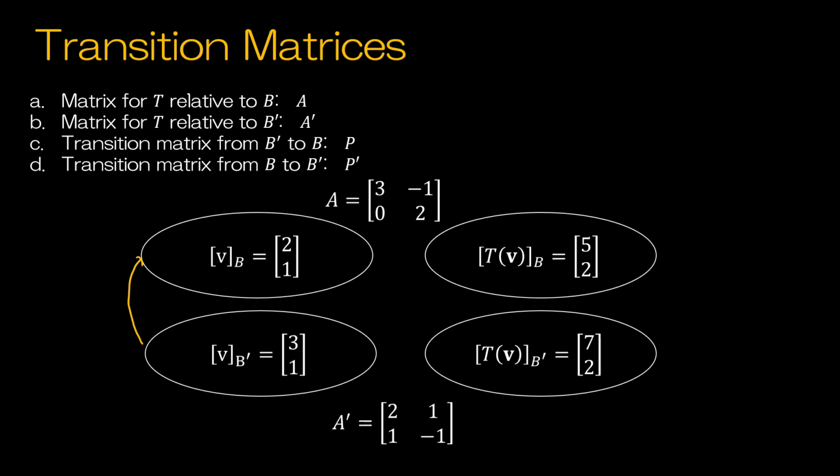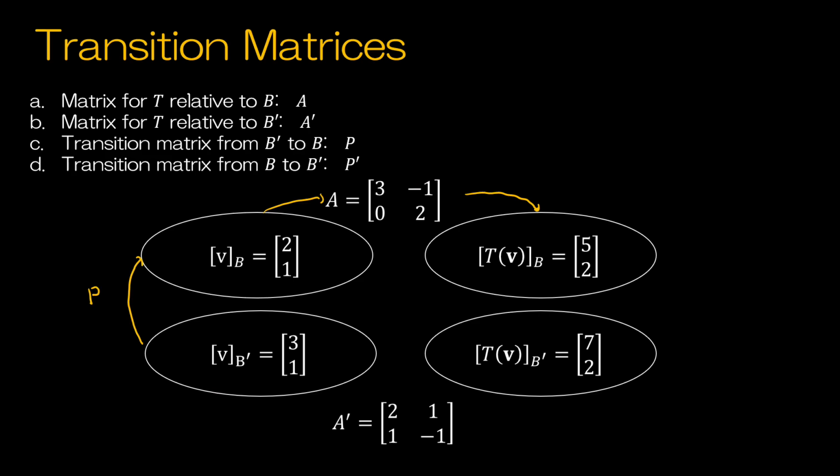Now, we did not use a matrix for that. We did a linear combination, but we are going to be working towards coming up with that transition matrix. Then we took 2, 1 and multiplied it by A to get T of v with respect to B, which was 5, 2.